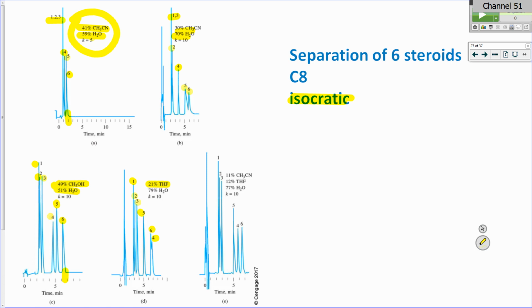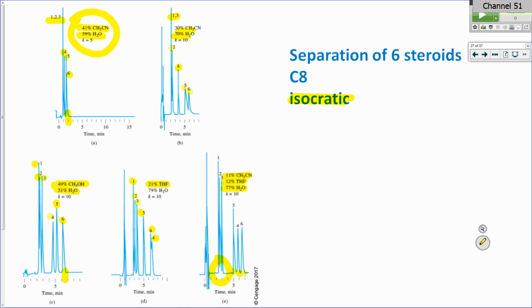And the separation that they think is the best is a 3-component mixture: 11% acetonitrile, 12% THF, 77% water. It's not resolution greater than 2.5 where I'd like to be, but at least their resolution's greater than 1.5, and all the components are fairly well resolved in a 7-minute run.